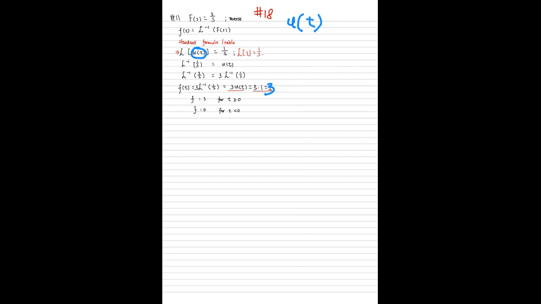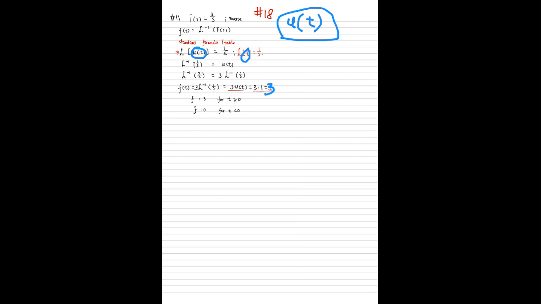U of t can be anything. So in this case, your u of t has to be 1. Okay, so the 1 should be the precise answer. Thank you.